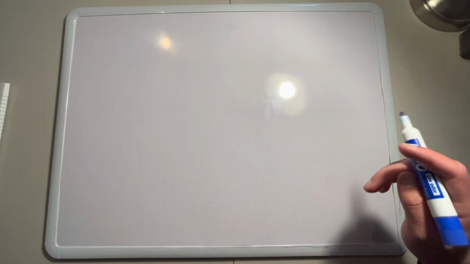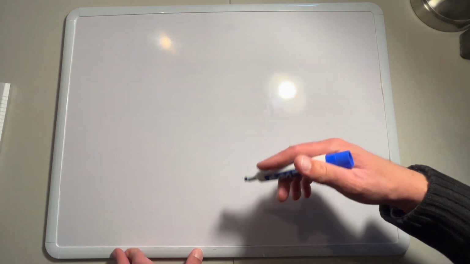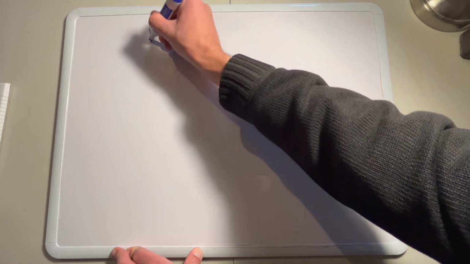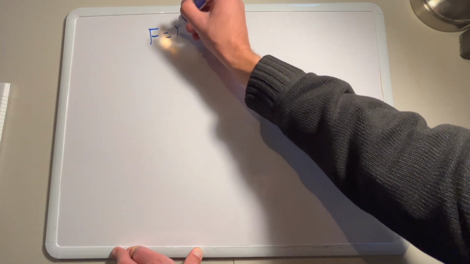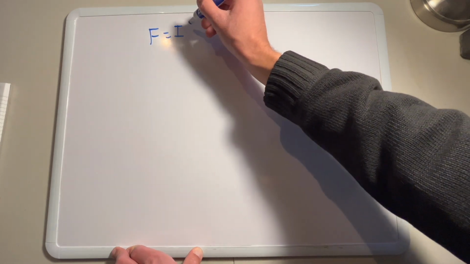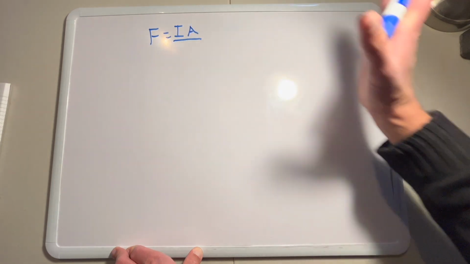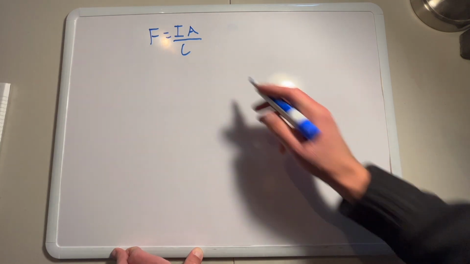If you open up pretty much any good introductory physics textbook and go to the section on radiation pressure, you can find an equation for force imparted by some radiation, and it is force equal to irradiance I multiplied by the area that you're imparting that light on, divided by the speed of light c.